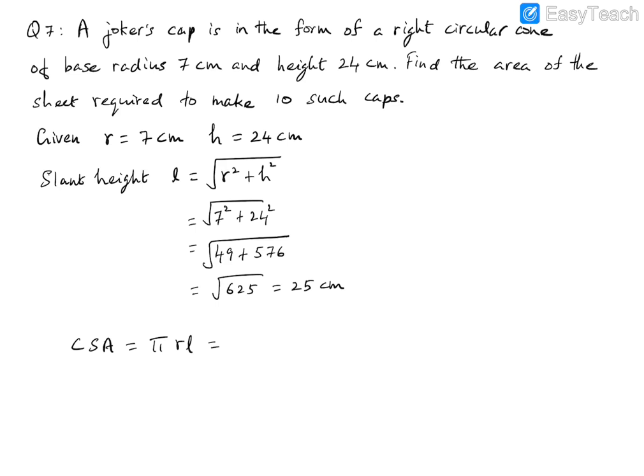That will be the area of the sheet required to make one cap. So that's equal to 22 by 7 for pi, the radius r is equal to 7, and the slant height is 25. And from that we get the curved surface area to be equal to 550 centimeters square.